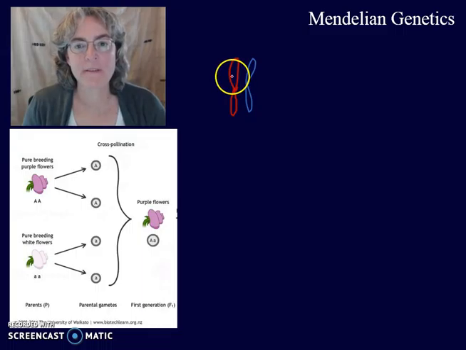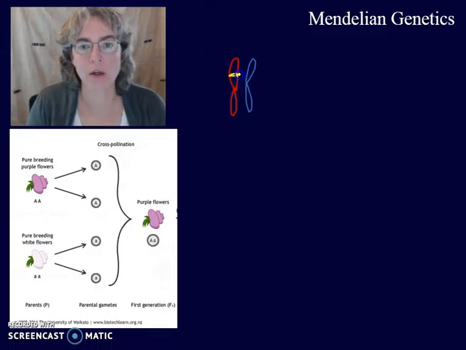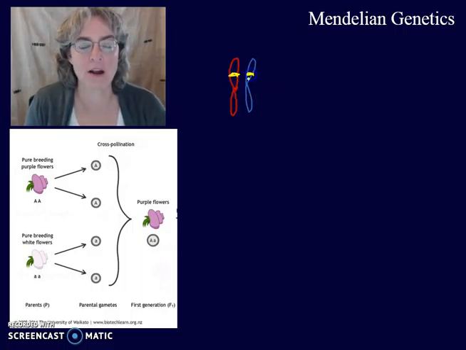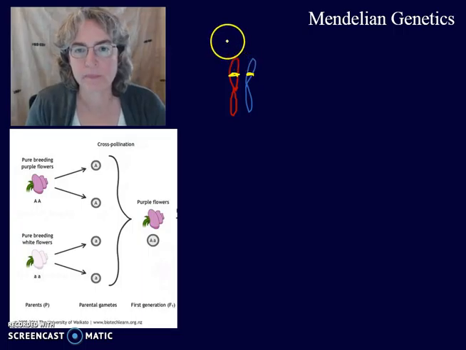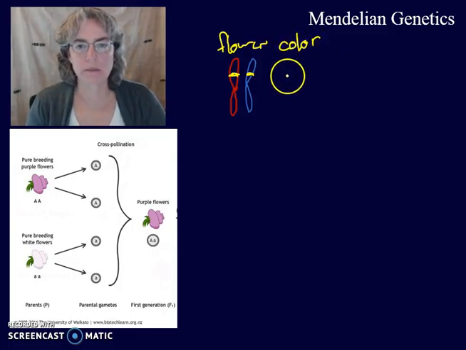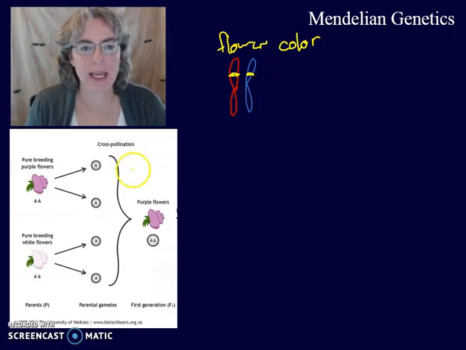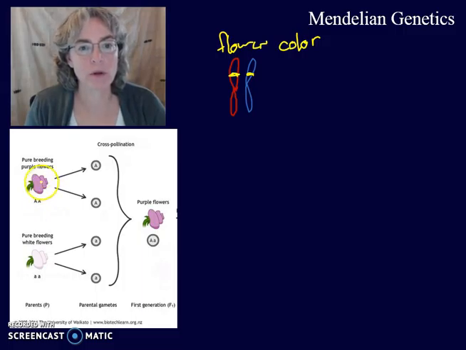That has an allele for flower color. So there's an allele on the mom chromosome, there's an allele on the dad chromosome. And this is for flower color. So its phenotype is purple flower color.